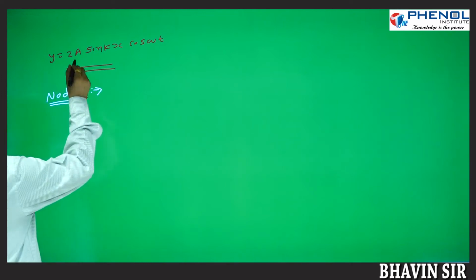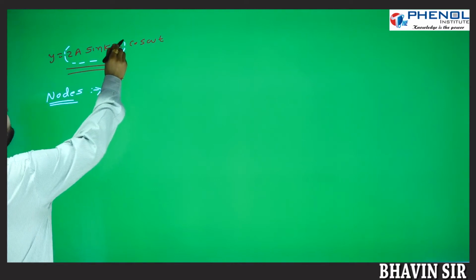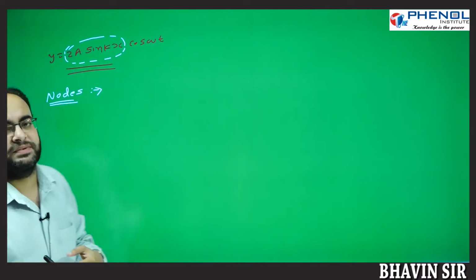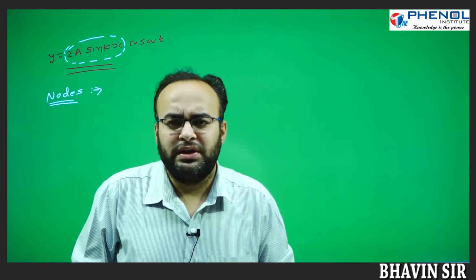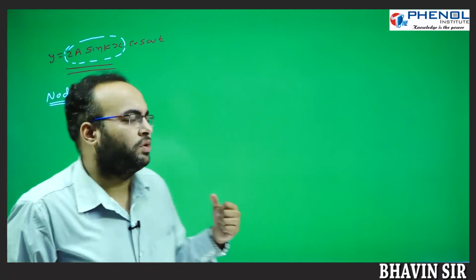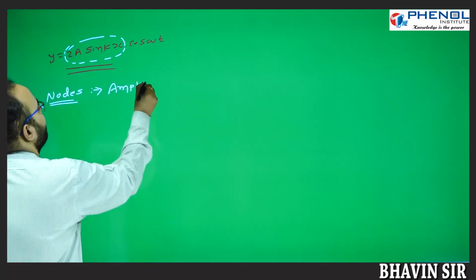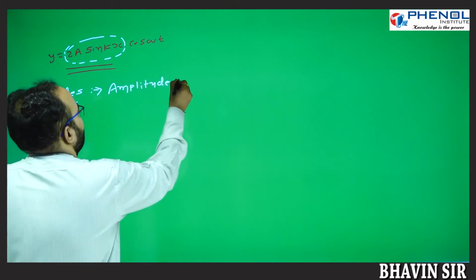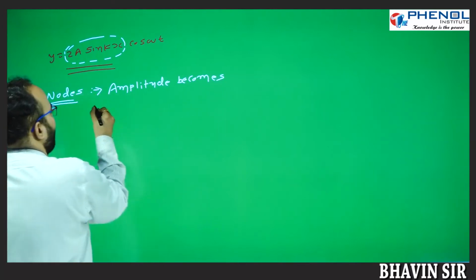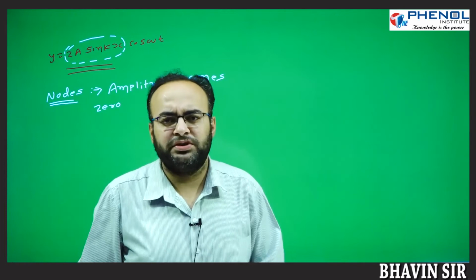Here the amplitude is 2a sine kx. So where 2a sine kx means amplitude becomes 0, those points are known as nodes. Okay, the point at which amplitude becomes 0 is known as node.